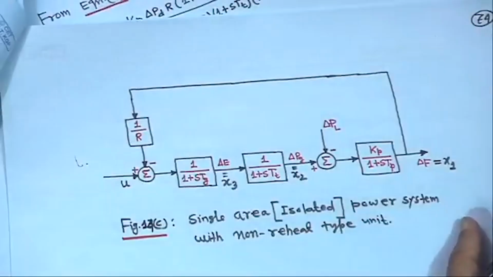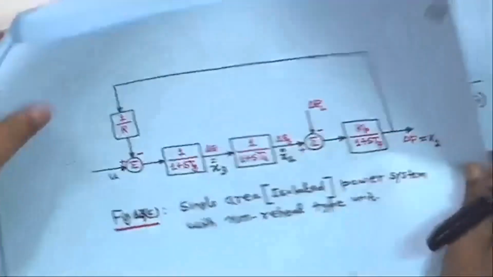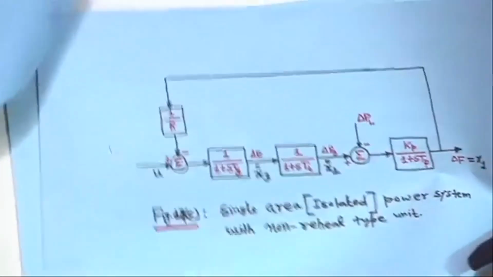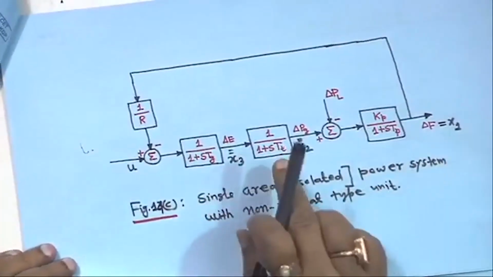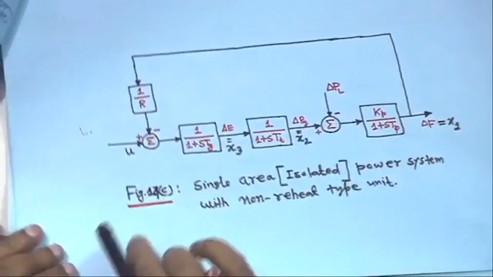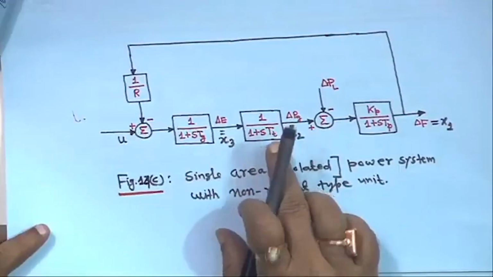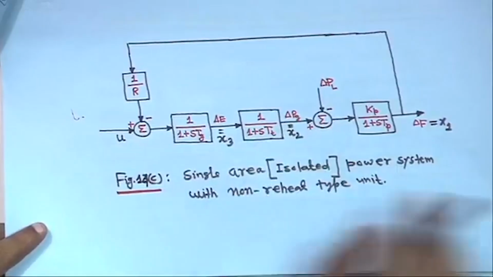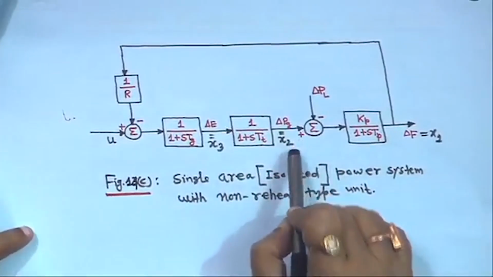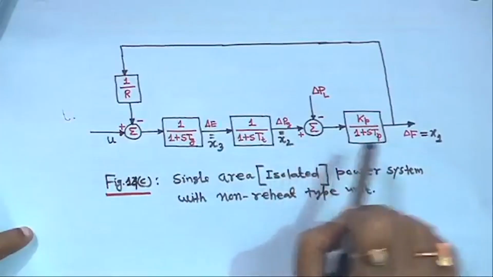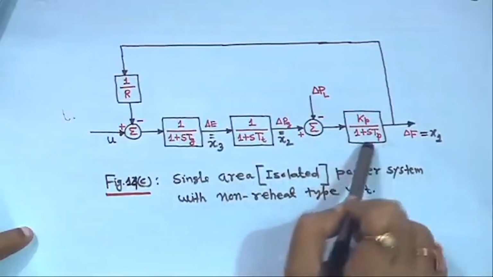Now, if you take that single area non-reheat type, in that case the 1 plus sKr upon 1 plus sTr term will not be there. So, it will be a simple three state variable system.